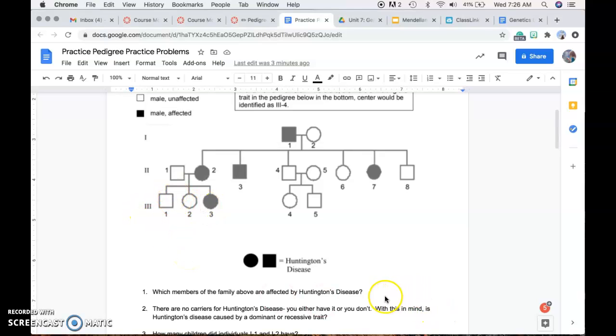If this was a problem on a test, I would write generation 1 is individual 1, and then in generation 2, I have 2, 3, and 7, and then generation 3, I have individual 3. That's how I would write that answer. I need to make sure that I indicate which generation I'm speaking about because the numbers repeat themselves.